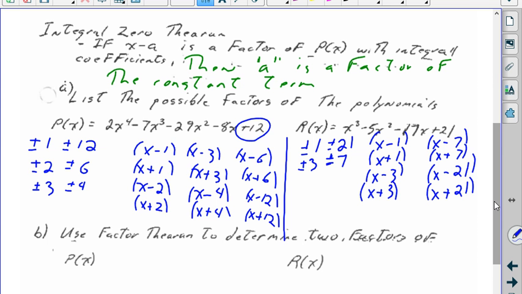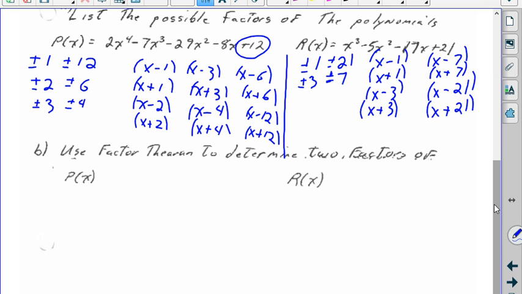Those are the only possible ones that are integers for this one. These are the factors that would correspond to those, right? Positive 1 is a zero of x minus 1, and so forth.